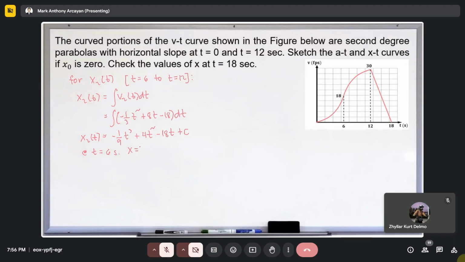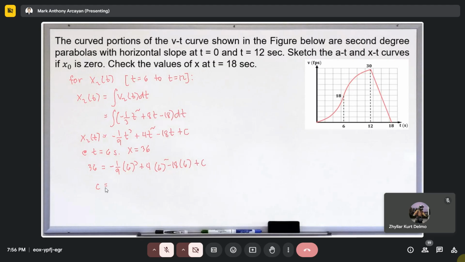At t equals 6, the displacement is 36, in order to solve for c. Let's substitute: 36 equals negative 1 over 9 times 6 cubed plus 4 times 6 squared minus 18 times 6 plus the constant.